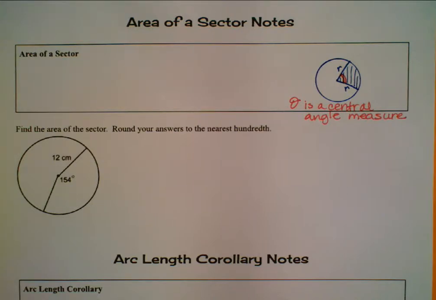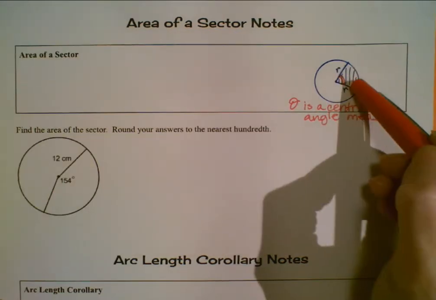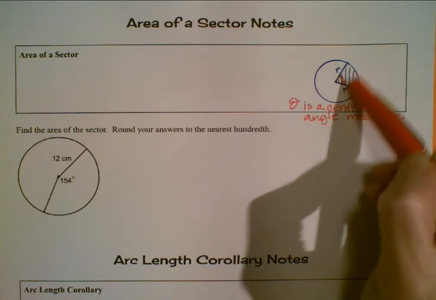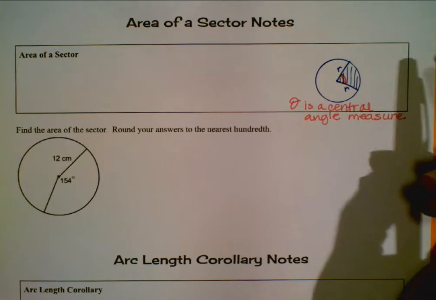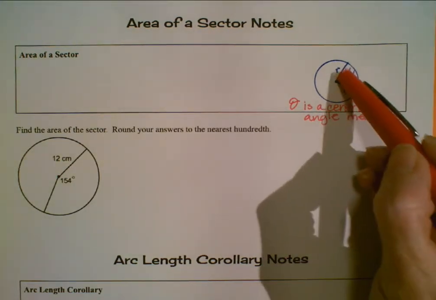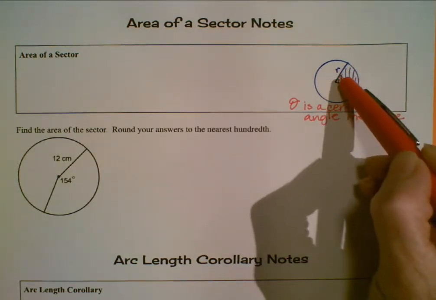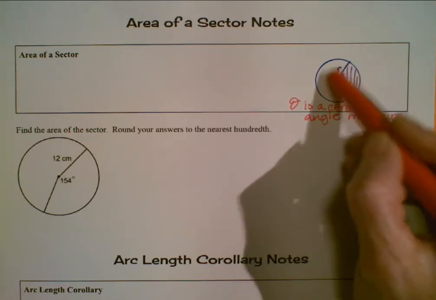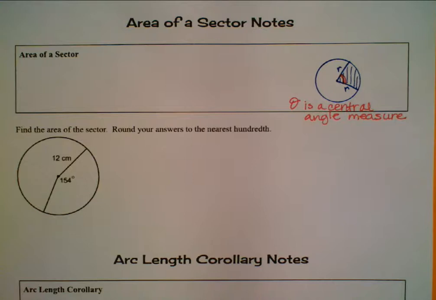So with that in mind, we think of it as a proportion, or a fraction is probably a better way to say that. The area of this sector is a fraction of the whole area here. Specifically, it is the fraction formed by taking theta, the measure of that central angle, compared to 360.